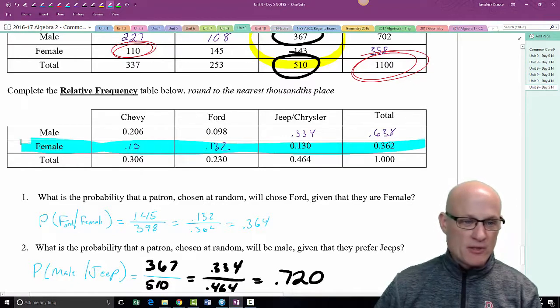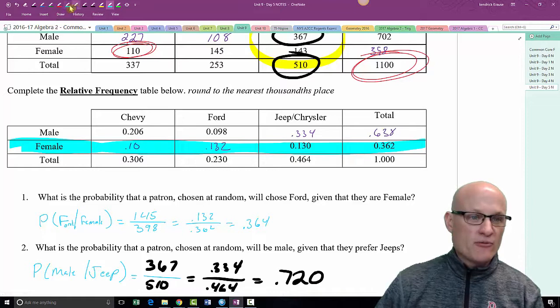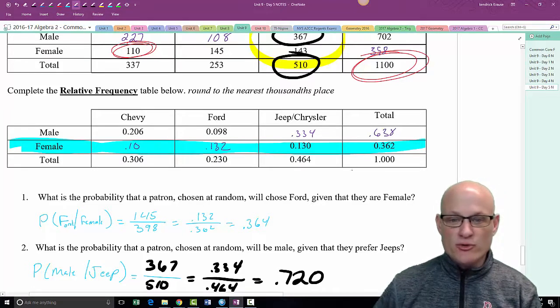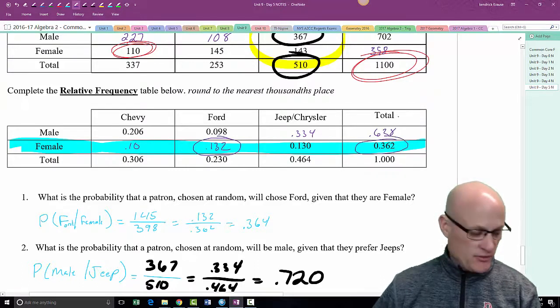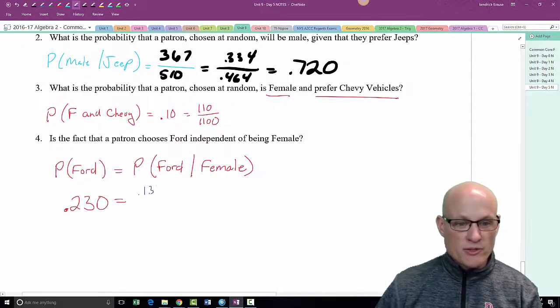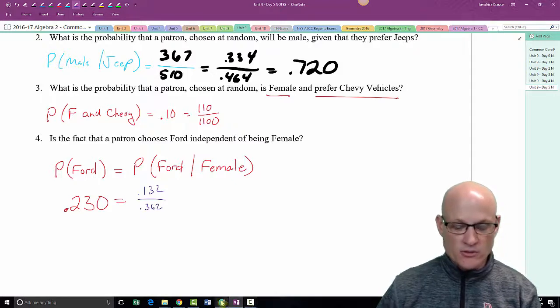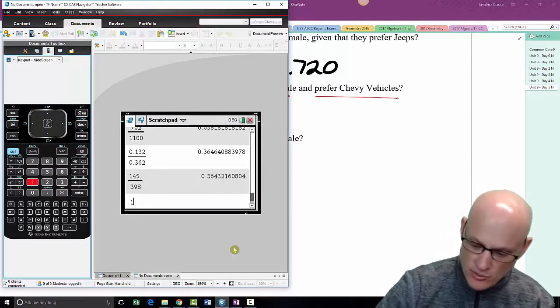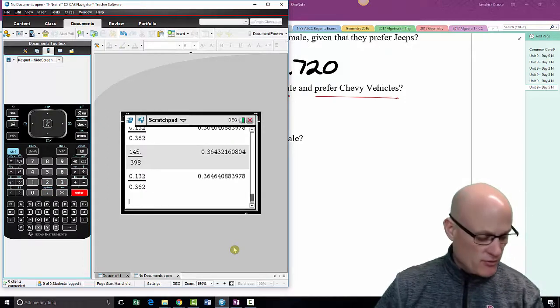So what is the probability of choosing Ford given that my new universe is female? That would be 0.132 over 0.362, or in other words, 0.132 divided by 0.362, which is 0.364.